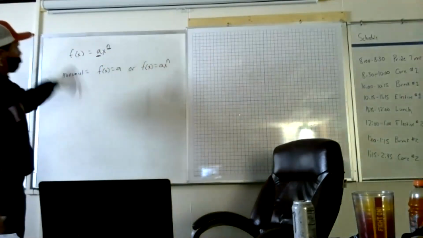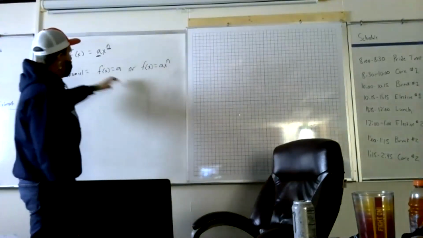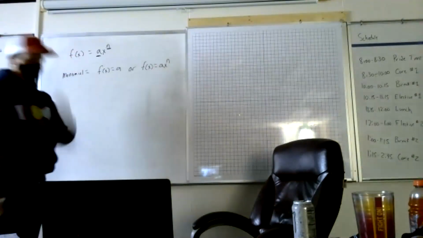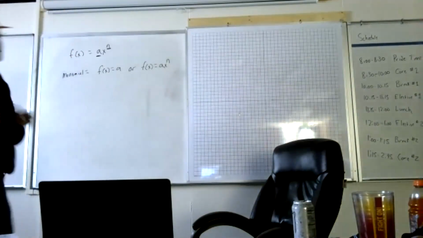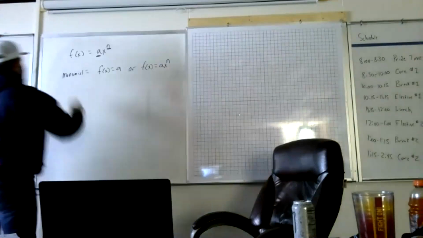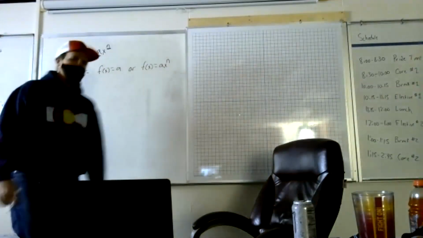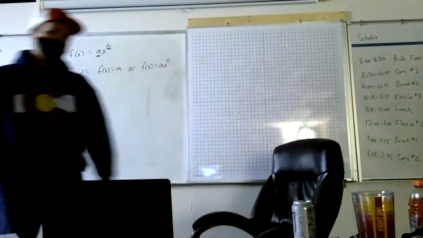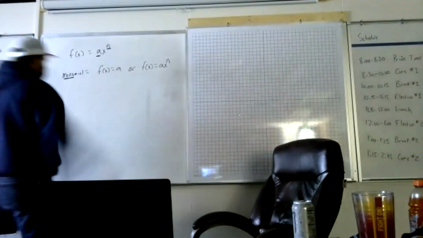Okay, so monomial is the umbrella. Power function falls underneath monomial functions. And we're dealing with single terms. So if you think of the difference between poly and mono, mono means single. So we're dealing with singular terms, whereas with polynomial functions, we were dealing with multiple terms.